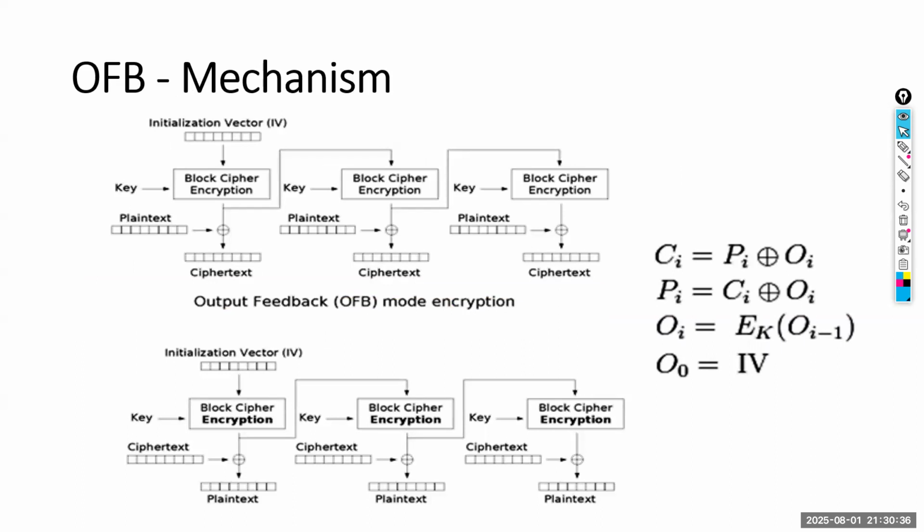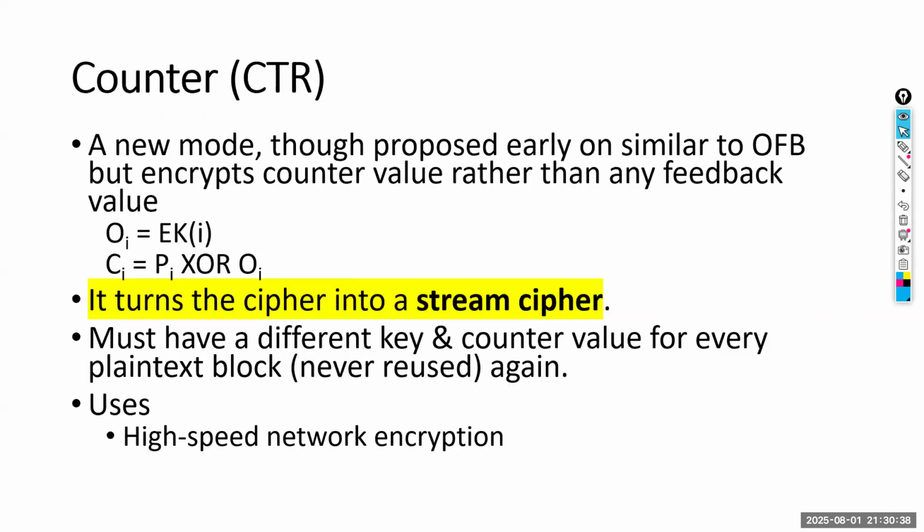It's another approach. And the final approach is counter. So this is the examiner's favorite mode, counter. And that one also turns your cipher into a stream cipher. Not actually a stream cipher. When you go for the counter mode, it's effectively acting like a stream cipher, but actually it's a block cipher. If it acts like a stream cipher, that means it's faster.